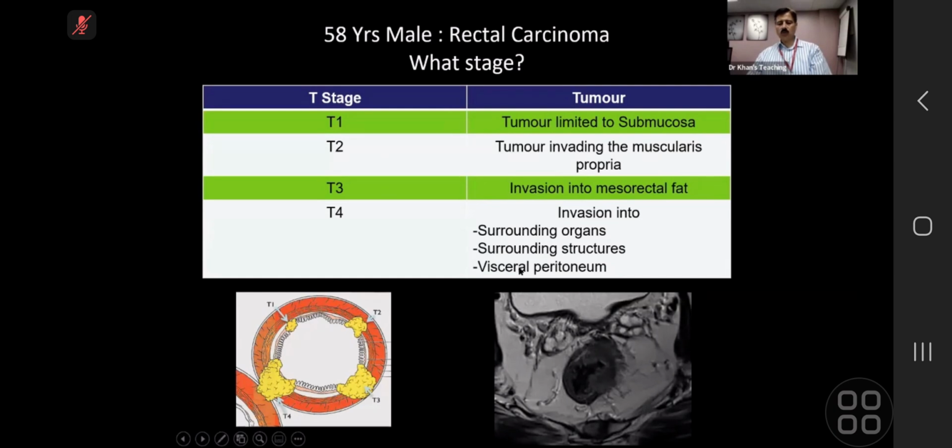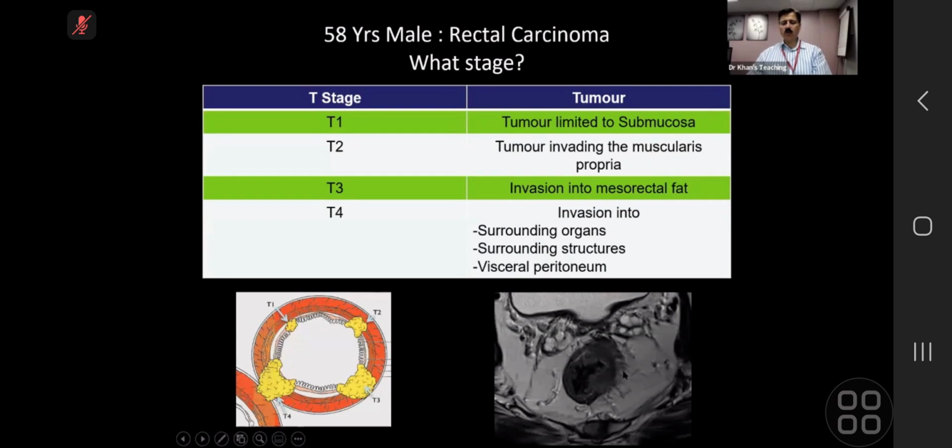Key management question, or management concept to remember for your exam, is that if the tumor goes into the mesorectal fat, you do not do surgeries immediately. The concept is that you might like to do neoadjuvant chemotherapy or chemoradiotherapy. It all depends where you are working, because there are various theories in the oncology work.